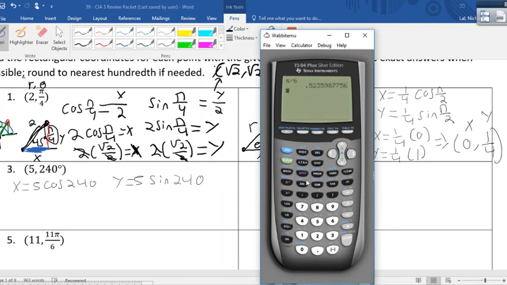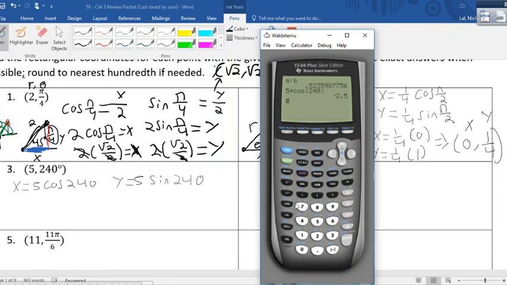We can go to degree mode because we're in degrees. We can find 5 times the cosine of 240 degrees, which is going to be negative 2.5.